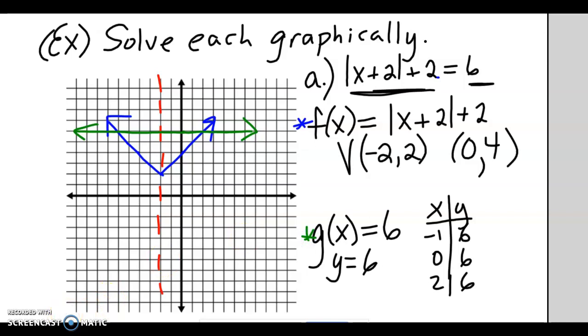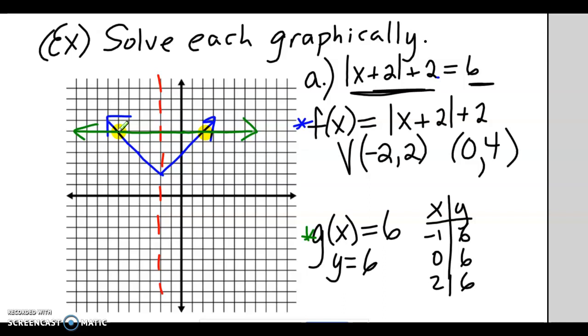Okay, so that was step 1, where we graphed each side of the equation as a function of x. Step 2 is we're going to find our points of intersection. So if you notice, there's a point of intersection on each side of those two graphs. And from those points of intersection, we want to identify the x coordinates. So on the left, what is that x coordinate right there? -6. On the right, what is that x coordinate? 2.